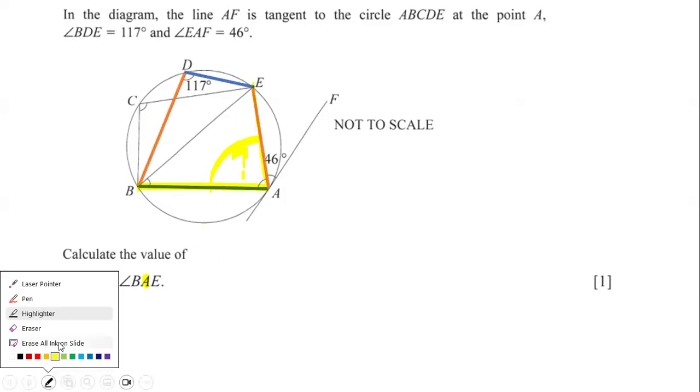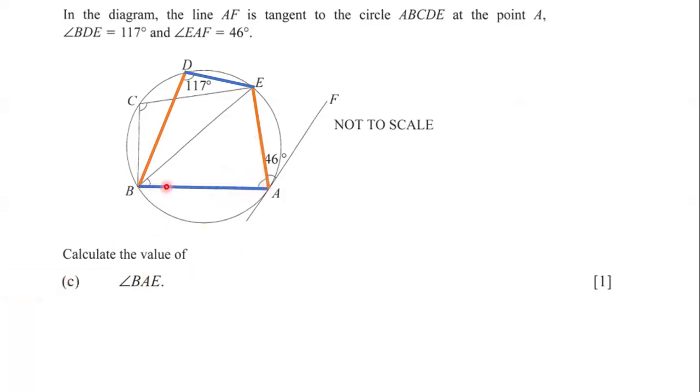Notice what I have highlighted. This is a cyclic quadrilateral. It's a quadrilateral because it has 4 sides, and it's a cyclic quadrilateral because all of the vertices of the quadrilateral lie on the circumference of the circle. So we have this point on the circumference, this point on the circumference, this point on the circumference, and this point on the circumference.